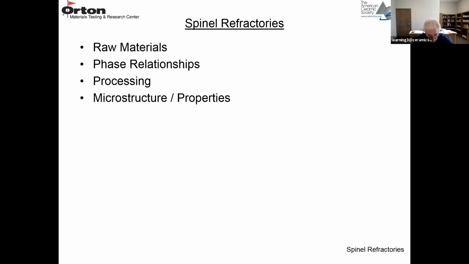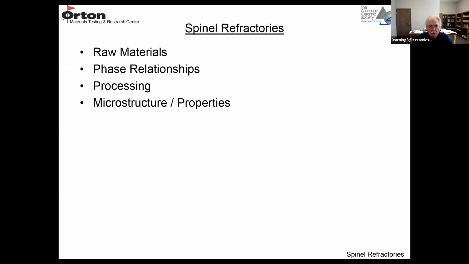And then we have a shorter section after lunch on insulating refractories, the insulating refractory brick, IFBs, and then fiber-based materials. So we'll take a break here and then come back after lunch about spinel refractories. And that's the last basic refractory composition. And then we'll finish up today with insulating materials.